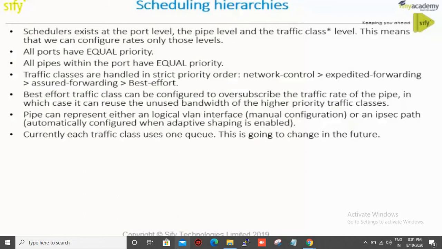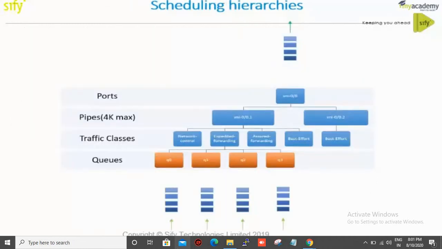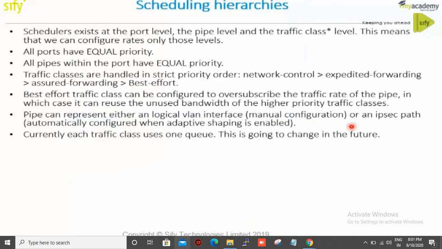Unlike what we discussed earlier, where Q0 to Q1 priority is only applicable per interface, let's say I have traffic coming in on VNI 0/0.1 and 0/0.2. When we say all pipes have equal priority, it means if I have concurrent traffic coming on both, both will be serviced equally.